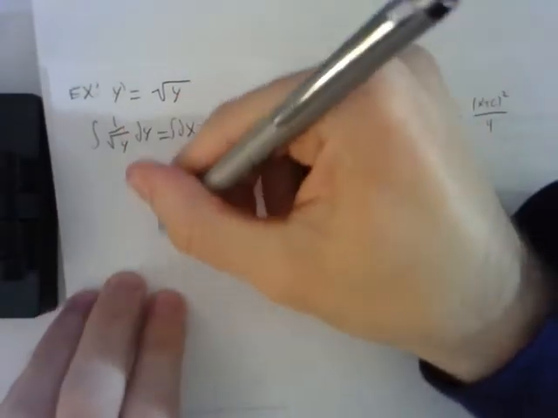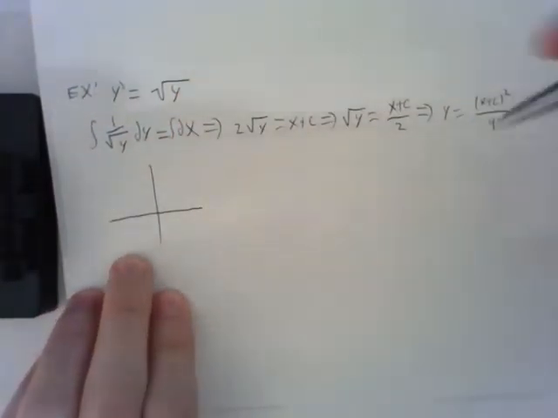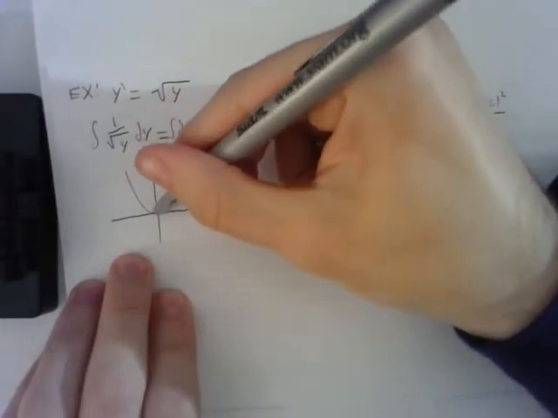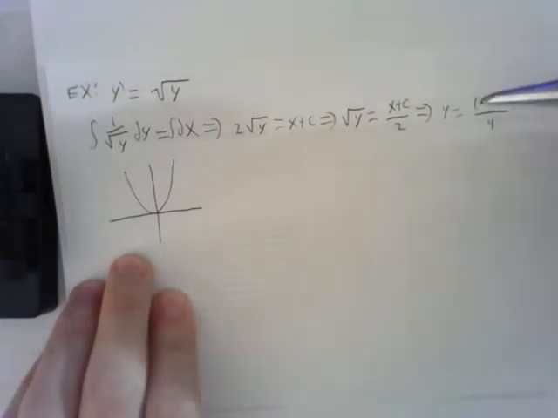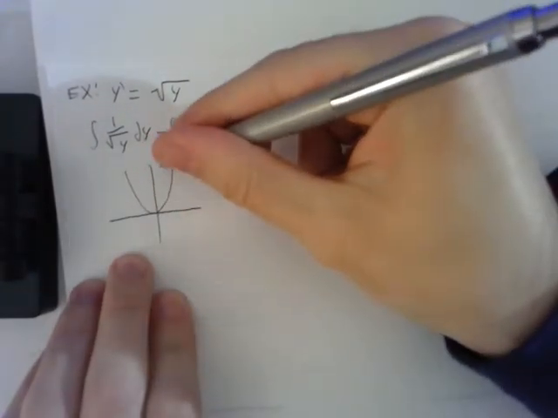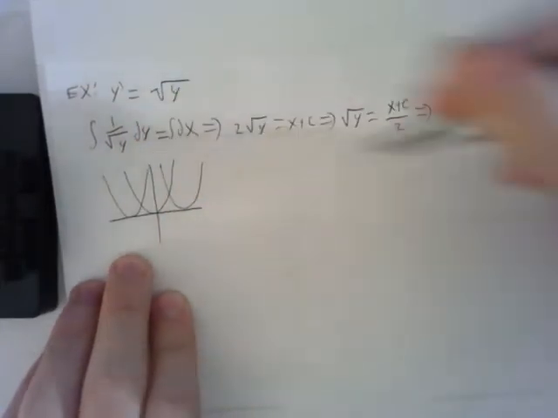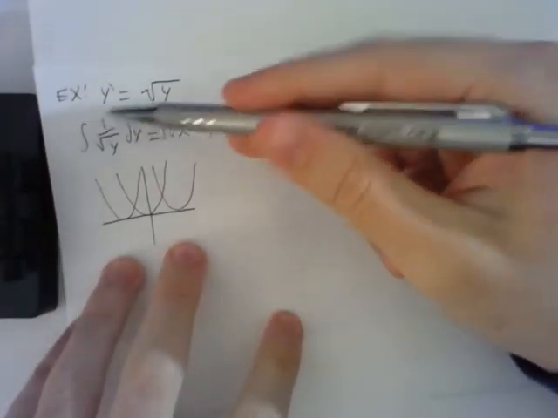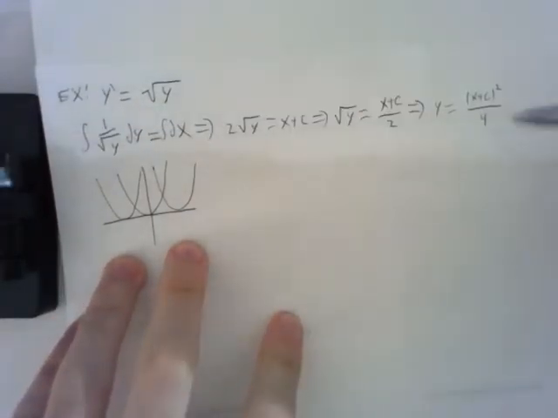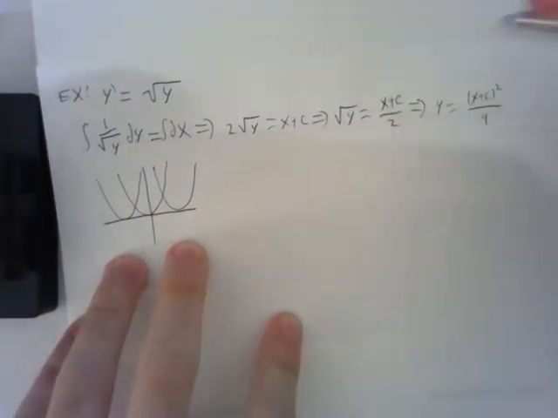If you were to plot these solutions, you'd see a bunch of parabolas which are shifted, like so. If we change the c, we shift this thing either left or right. So we get a bunch of solutions like this. But there's another solution to this equation which is actually more obvious than what we get from this separation of variables approach.